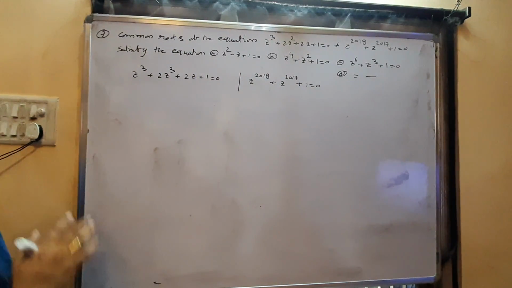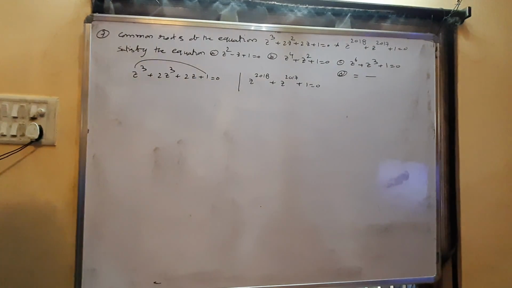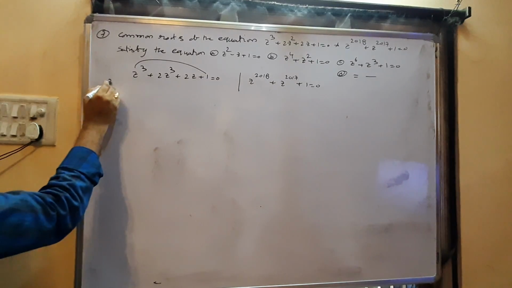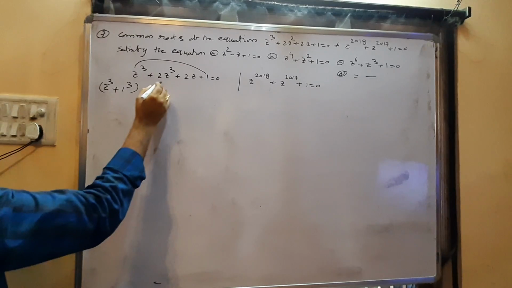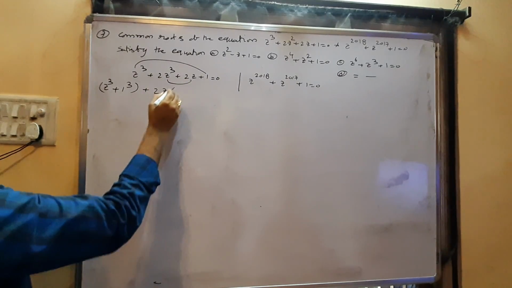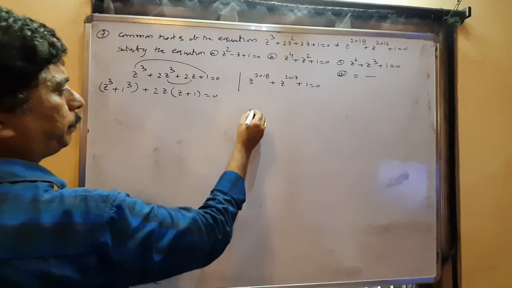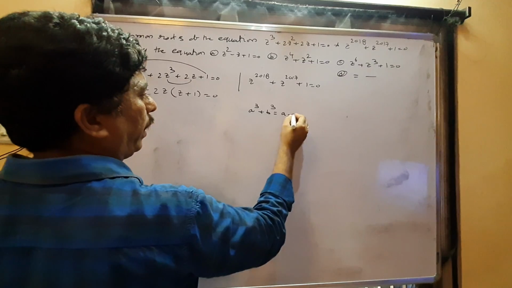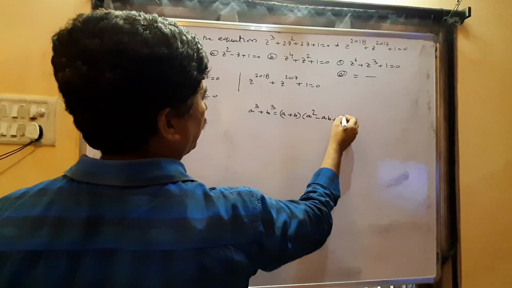First you have to find the common root. I will solve the first equation. z^3 plus 1 can be written with 1 as 1^3, and from this take 2z common, z plus 1. a^3 plus b^3 can be written as (a plus b)(a^2 minus ab plus b^2).